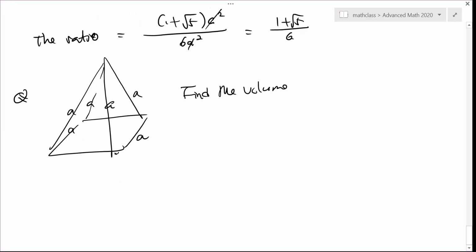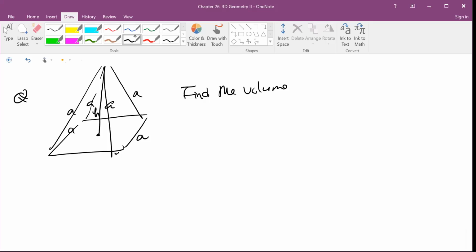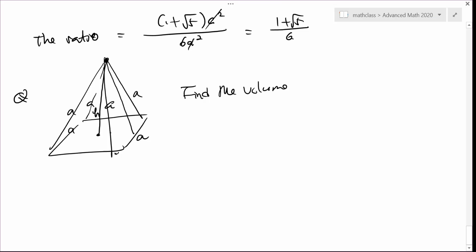Well, if you want to find the volume of this pyramid, what do you have to do? If you draw the height, right, you have to find the height, h. So what is the best way to find height? There are a couple ways to do it. One is you still use this triangle and apply the Pythagorean theorem to find height.